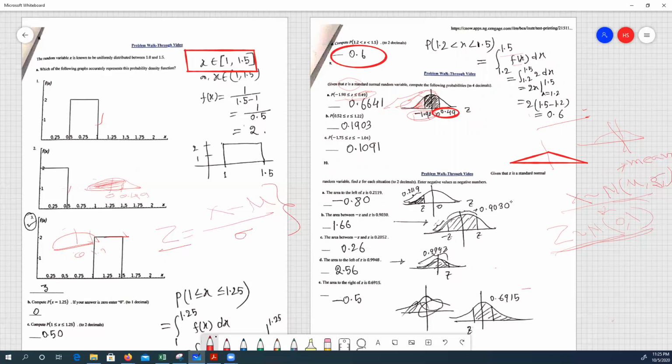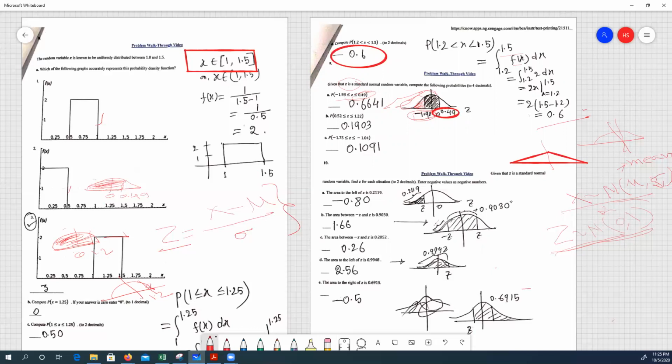Suppose this is 1.2. So if you take the probability less than this number, then it will be the area of this part. So you can directly calculate this area from the Excel sheet. So now if you want to find the probability of area on the right side, suppose this is 1.2. That's when you want to find this probability.